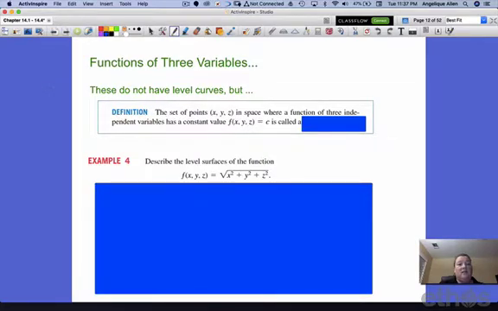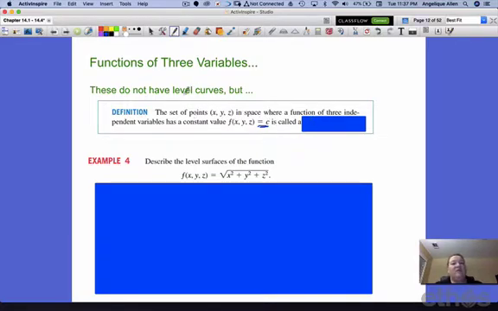Okay, so you don't have to be limited to 2 variables. Once again, we've got this idea of functions of 3 variables. So the set of points x, y, and z that has a constant value, okay, the set of points where a function has a constant value, they write it like this, the function equals c, is called what?